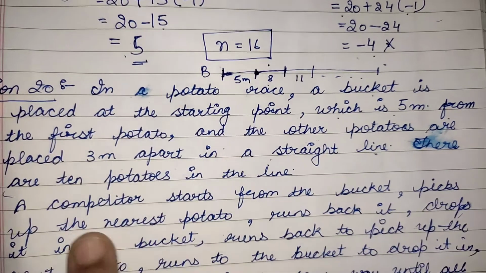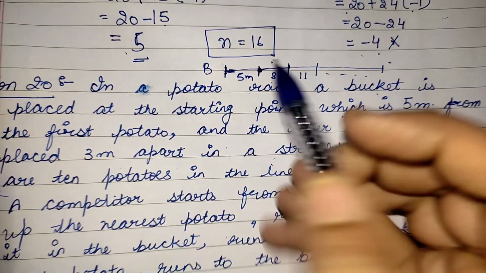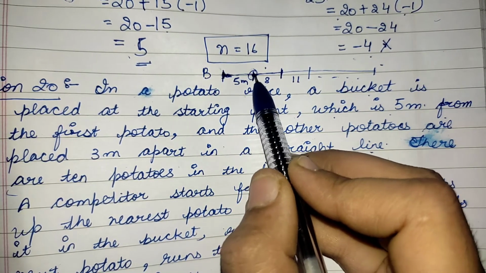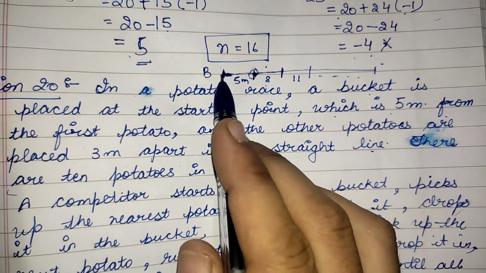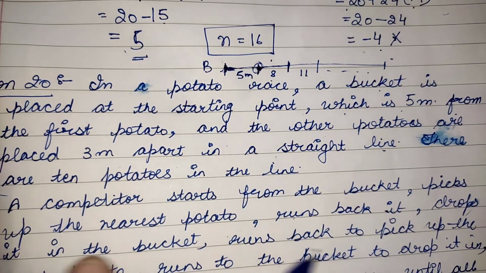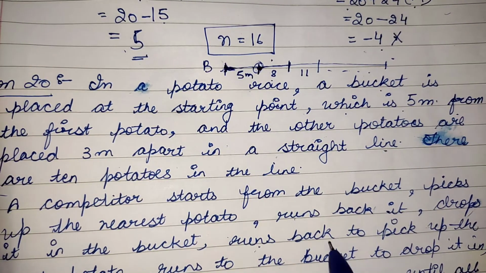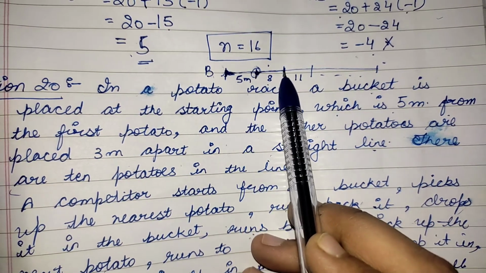So what does the question say? A competitor starts from the bucket, picks up the nearest potato. Competitor is starting from here, goes to the first potato, picks it up and runs back, drops it in the bucket, and then runs to pick up the next potato.